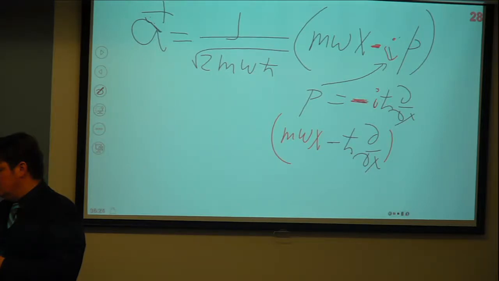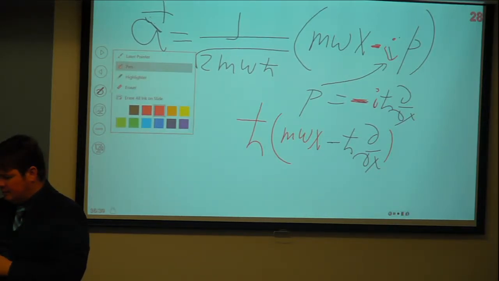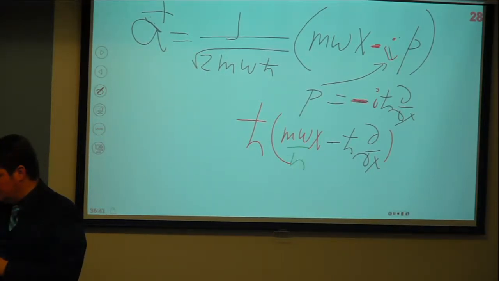So if we take the Planck constant out of brackets, we need to divide everything by the Planck constant here and remove the Planck constant there. And you have the Planck constant itself, it can be Planck constant squared and then square root.